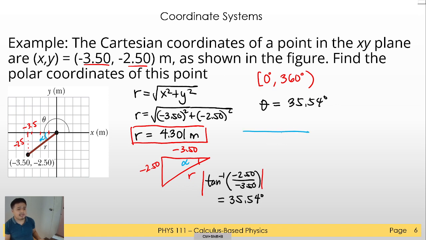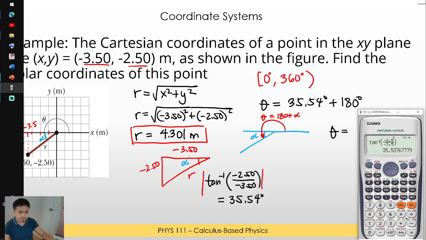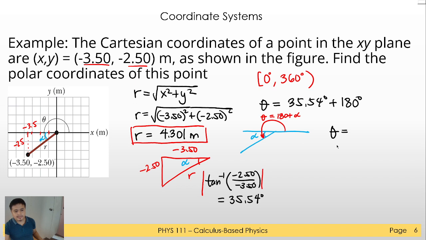The angle that we solved here is alpha, and we want to find this theta, therefore it should be 180 plus alpha. So this should be added with 180 degrees. So theta therefore is 35.54 plus 180, we have 215.5.